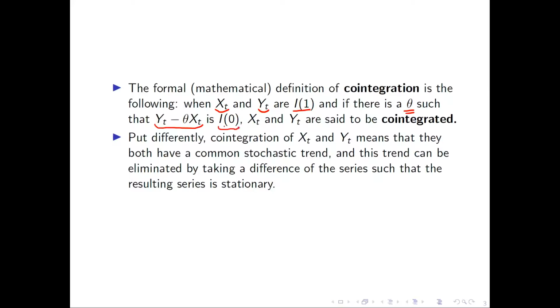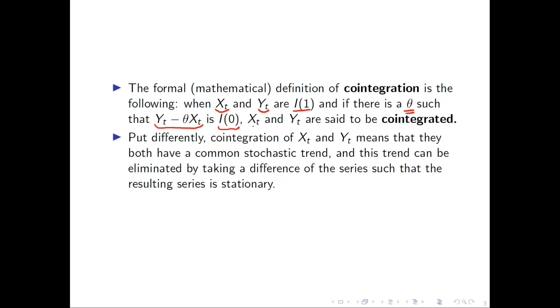It's integrated of order 0. And if this is the case, that the linear combination here is stationary, then x and y are said to be co-integrated.